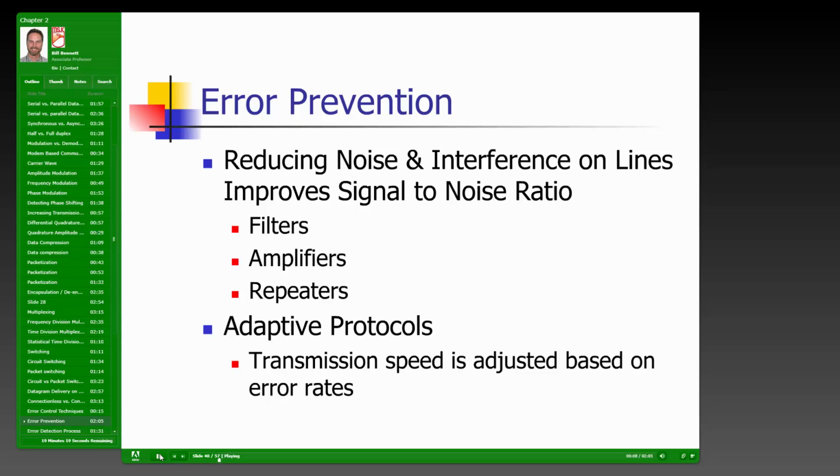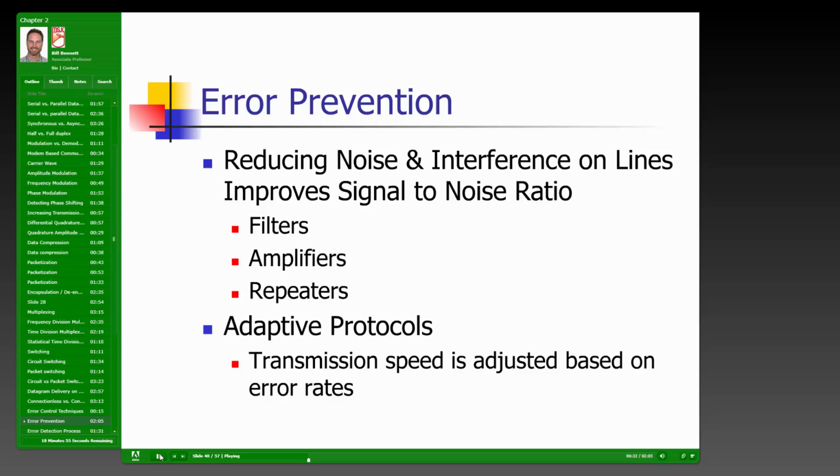Some of the things that cause errors are noise and electromagnetic interference on the lines, and so there are several different things that we can use to improve what is called the signal to noise ratio. The stronger our signal is relative to this interference, the more likely it is that the signal will be received and processed correctly.